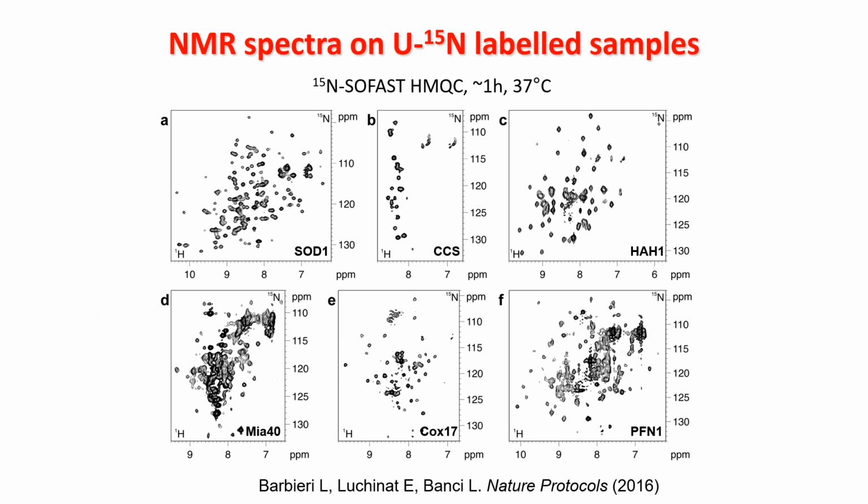That is because they arise from unfolded regions of the proteins. But also for folded proteins like HAH1 or SOD1 or a mutant of profilin 1, COP17, we get nice, high quality, and also quite high resolution NMR spectra.